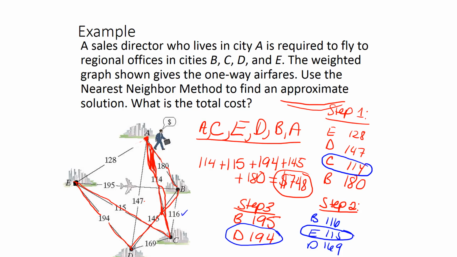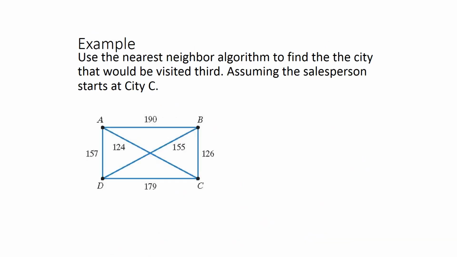I guess we will do one more of these nearest neighbor. Use the nearest neighbor algorithm to find the city that would be visited third, assuming the salesperson starts at city C. So we're starting at city C. You don't have to write out the steps. You can just kind of look at it if you want.